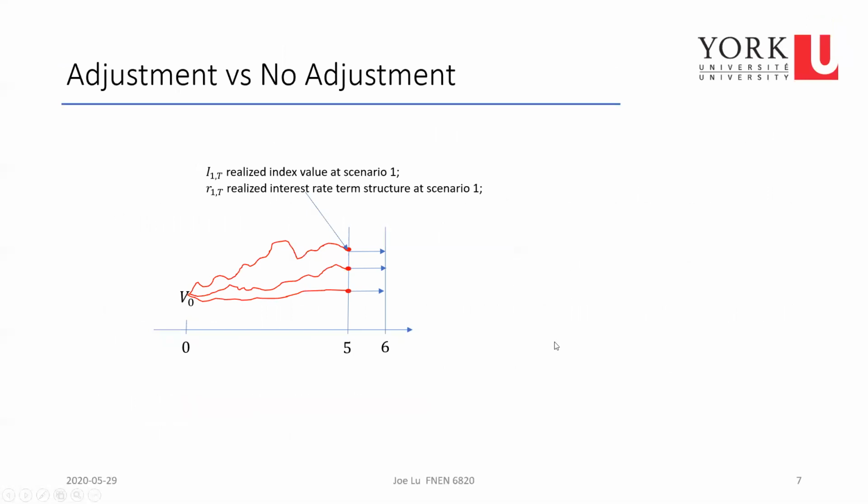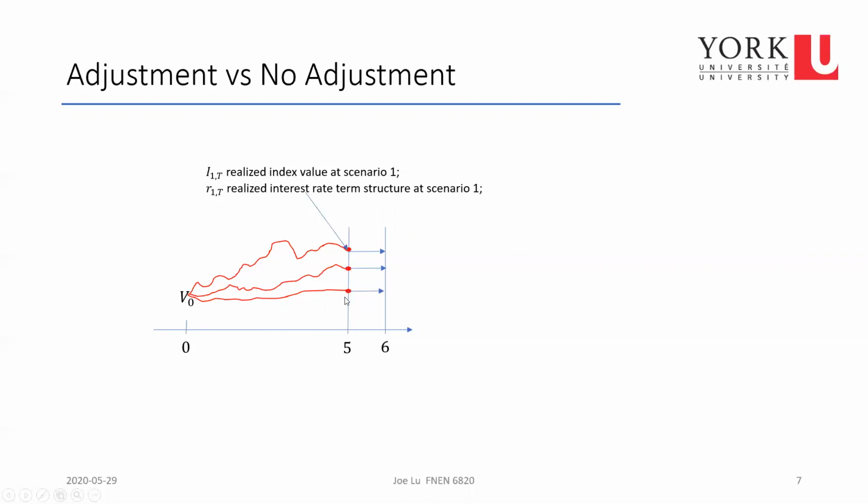Now, let's say you are interested in the value of V at the beginning of time 0, or current time. And if you have simulated your stock index at year 5, then at year 5 you have a number of realized stock index values.